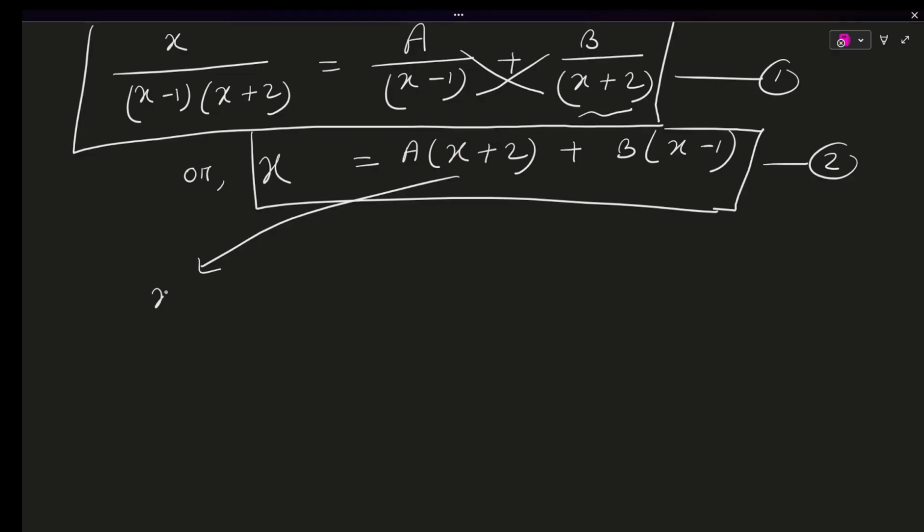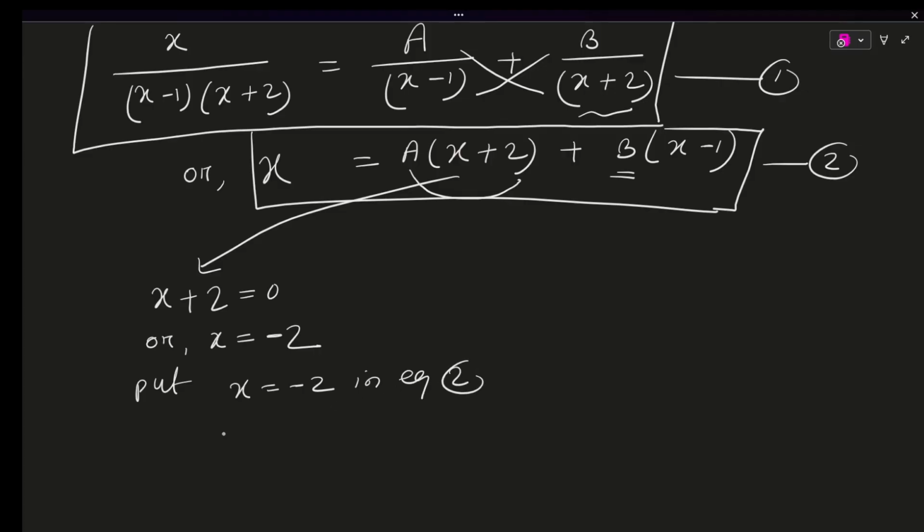So if we write it as x plus 2 equals 0 or x equals minus 2, you can see that if we put x equals minus 2 in equation number 2, this whole term will get 0 and we will get the value of B only. Okay, so put x equals minus 2 in equation 2.